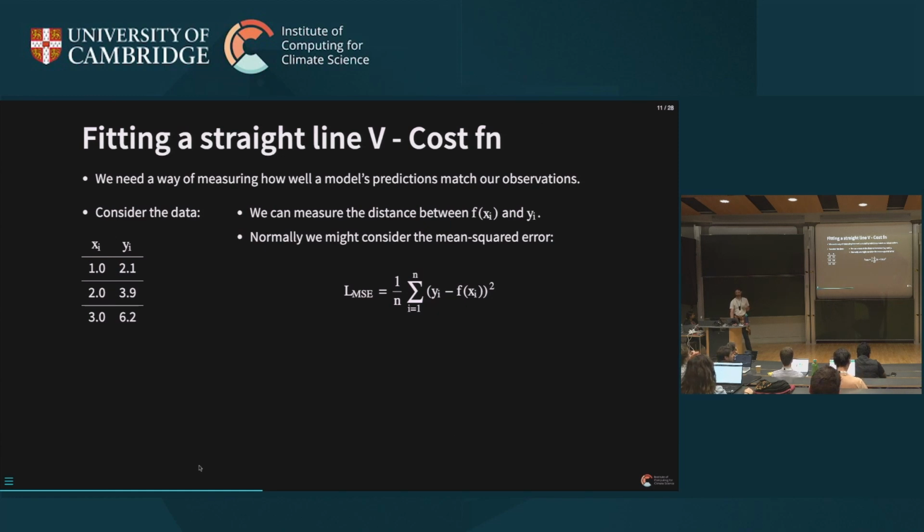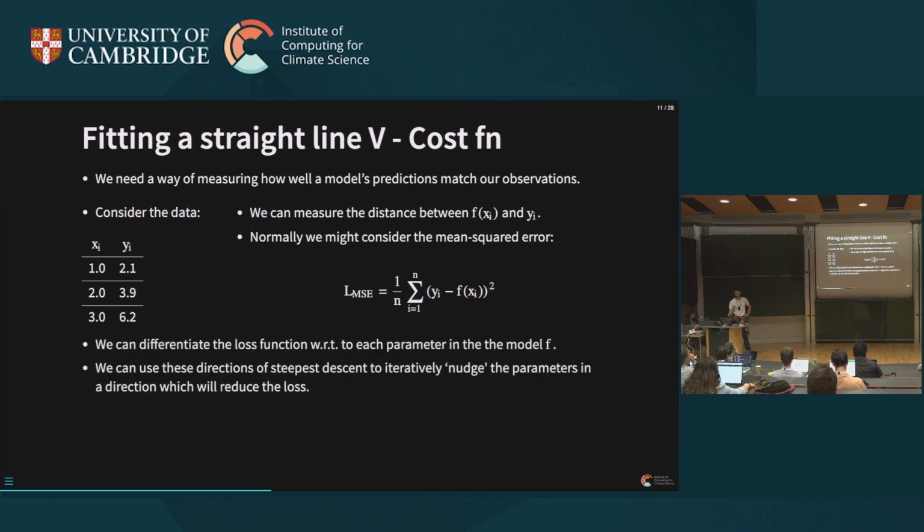Why do we use this? Well, it's differentiable. We need to use the square because we sum the errors. If we don't square the errors, then all the errors cancel out. So the square is absolutely essential, and we have to normalize, because if we didn't, the error would scale with the number of data points.